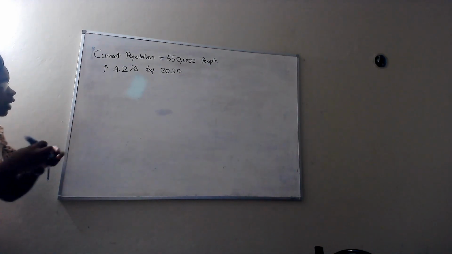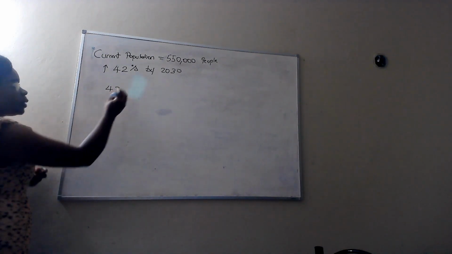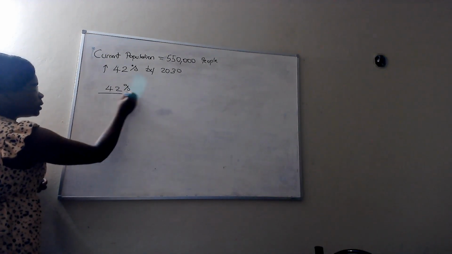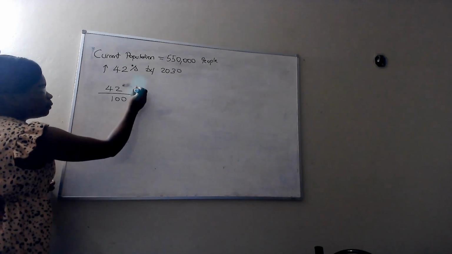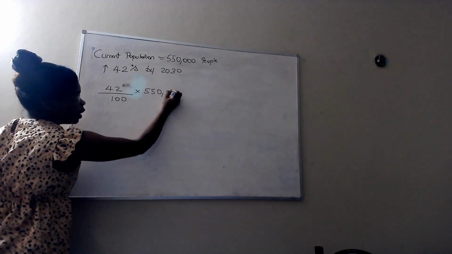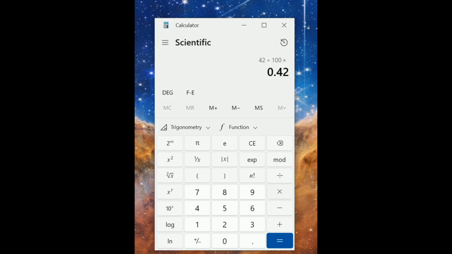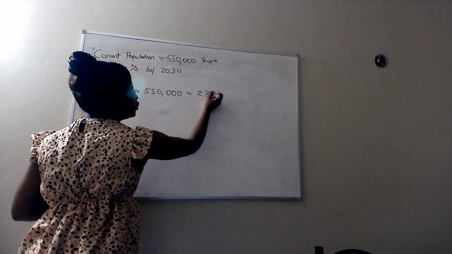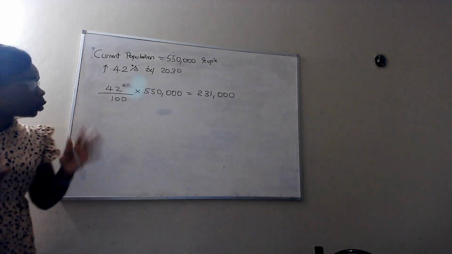What we can do now is find out what that 42% is. We're going to find out how many people that 42% accounts for. So it's going to be 42 over 100 times 550,000, which is 231,000.